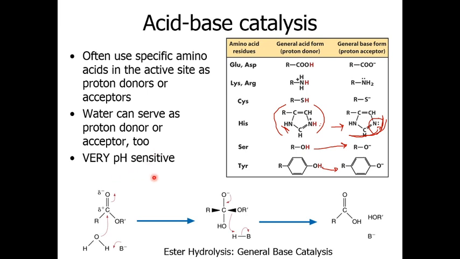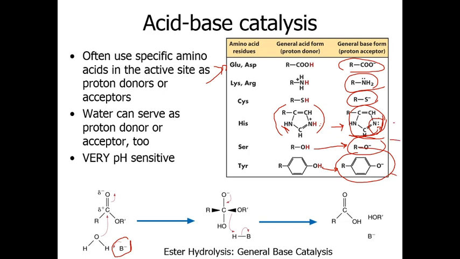Now here is an example of acid-base catalyzed reaction. This is an ester hydrolysis. Now if you look closely, B, as written B minus, could be any of these. It could be either Glu in its negatively charged state. It could be RNH2 or RS minus, or a histidine, a serine, or a tyrosine.